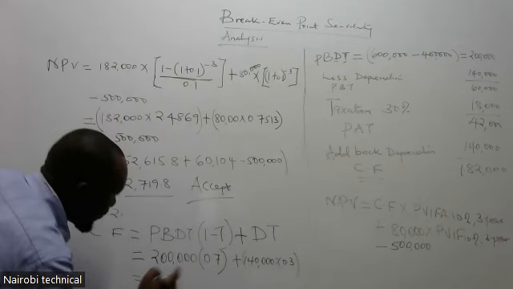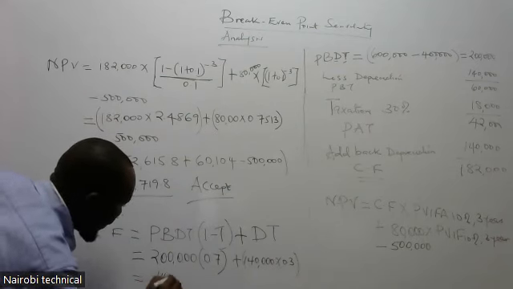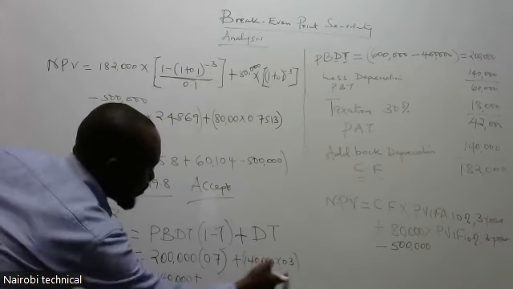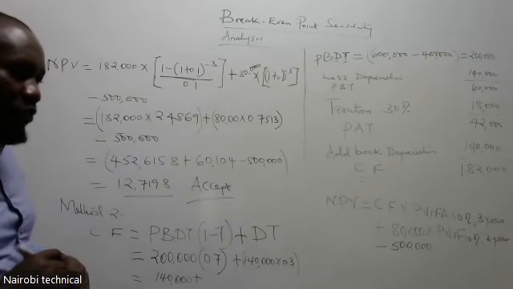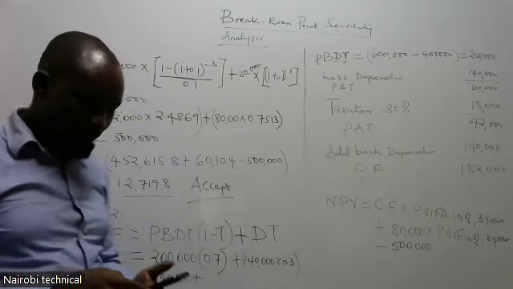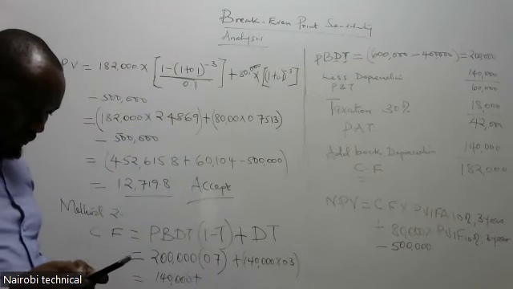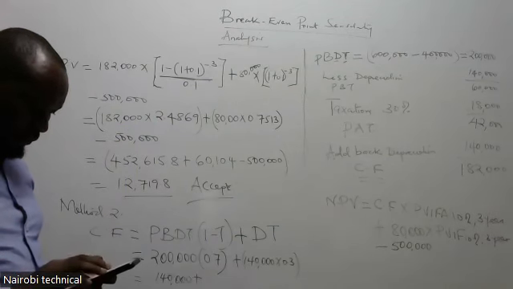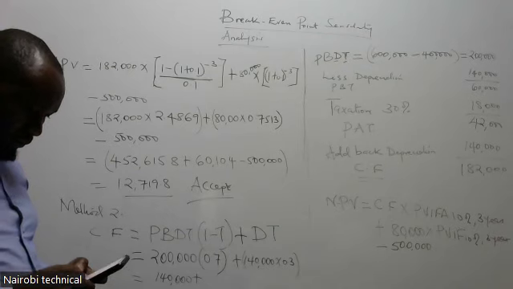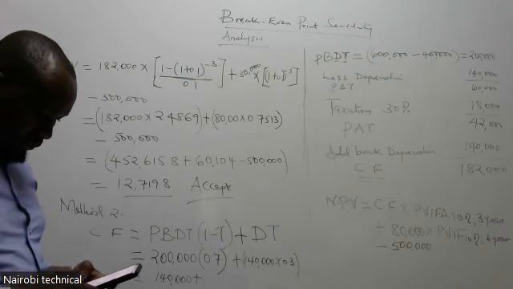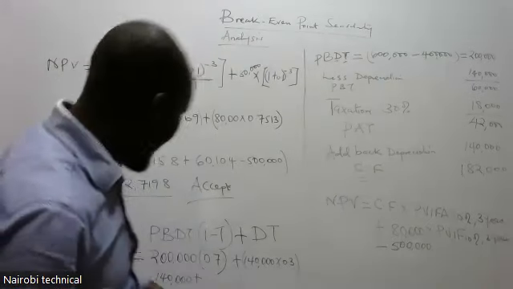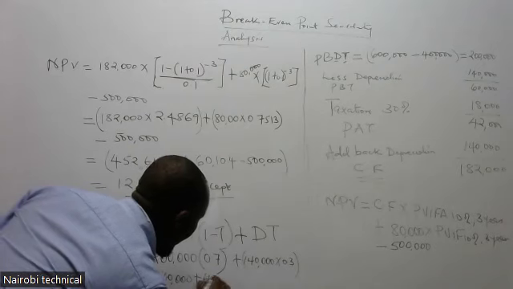Now this one times this is going to give you 140, I believe, plus this one times this. How much is that? 140 times 0.3 is 42,000.